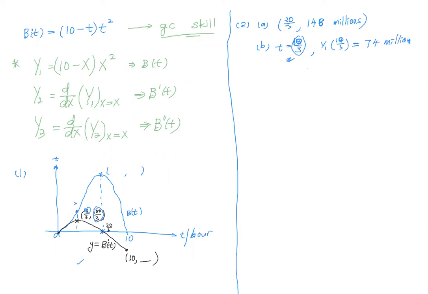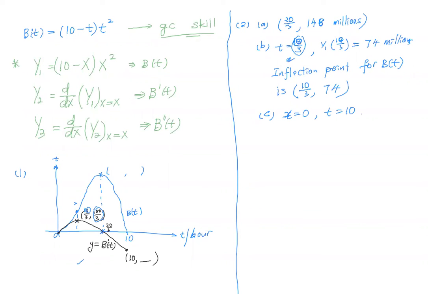So that means the inflection point for BT, you have to get it right, is 10/3, 74. Now see the x-intercept of the horizontal axis. That is all about BT. So x-intercept T equal to 0 and T equal to 10.